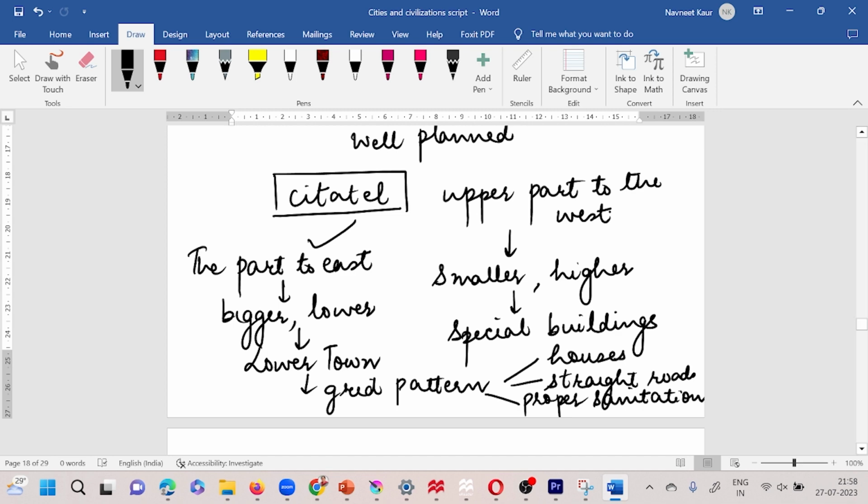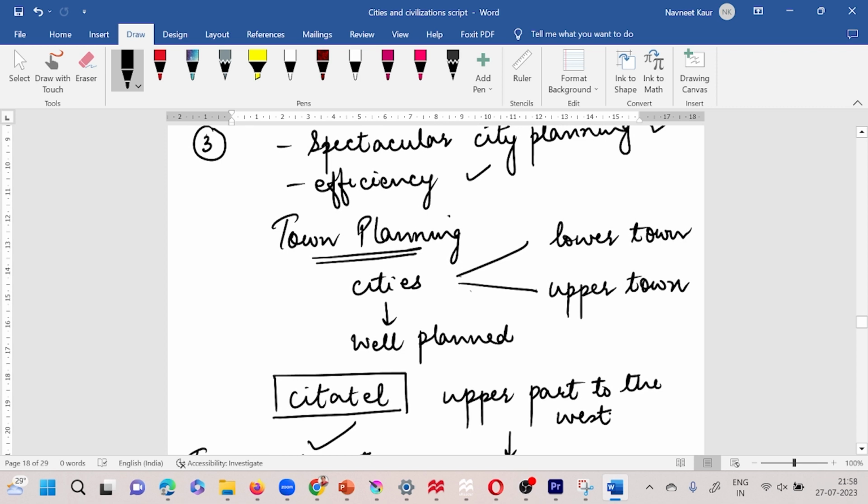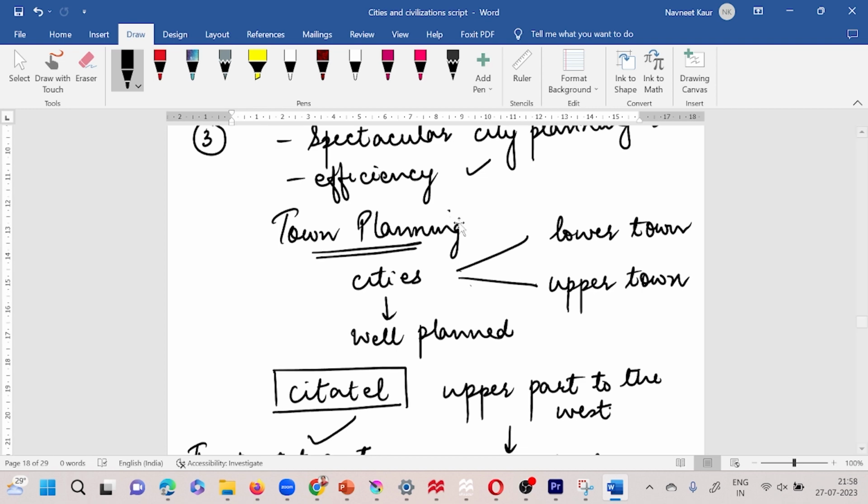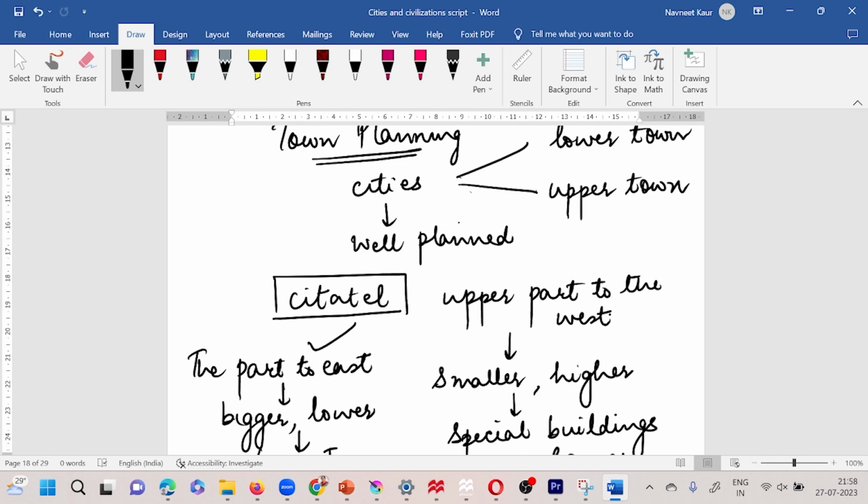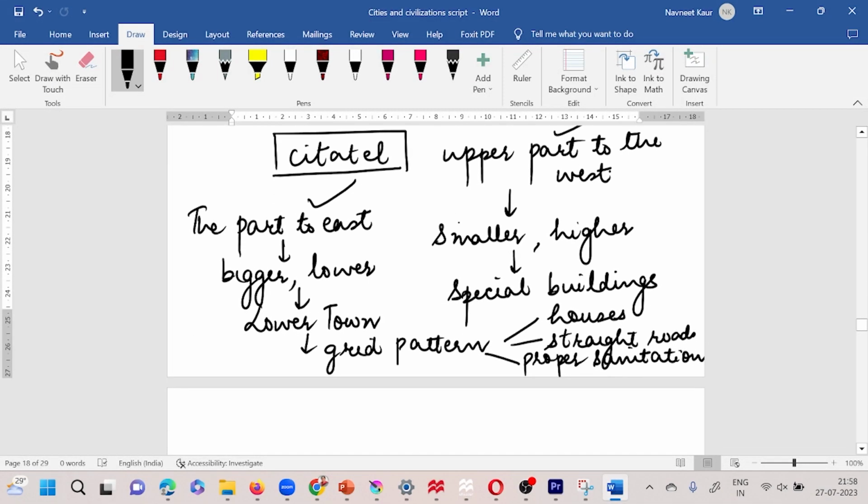So, in the town planning of Indus Valley civilization, the cities were well planned and many cities were divided into upper town and lower town. Usually, the upper part to the west, smaller and higher, was known as the citadel, and it had some special buildings in this portion of the city.